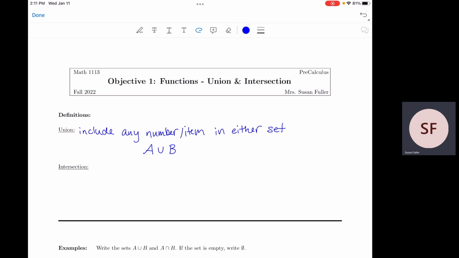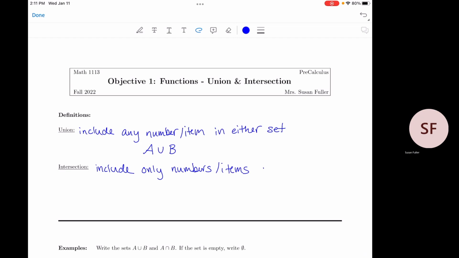And for the intersection of two sets, you're only going to include the numbers or items that are common to both sets at the same time.